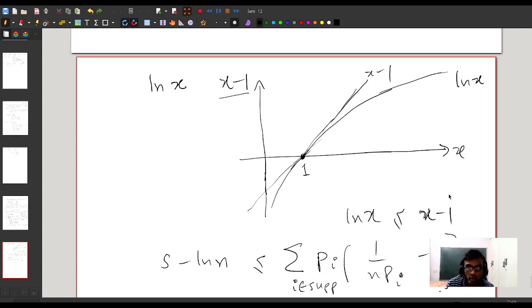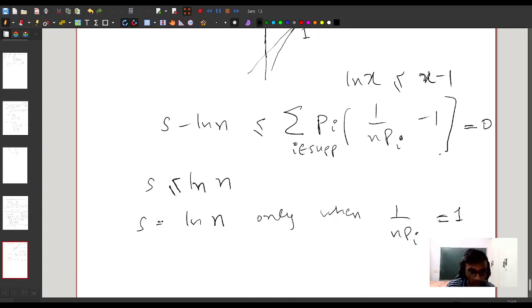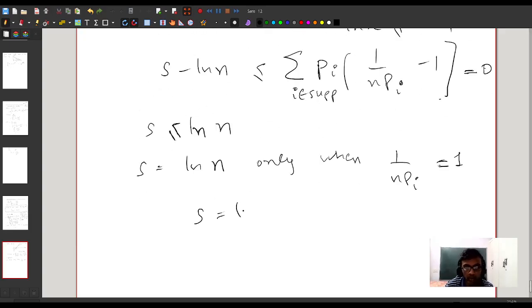So from this property, log x to the base e is equal to x minus 1 only at x equal to 1. So for this to be an equality, all these 1 by n pi's have to be 1, only when pi is 1 by n, if it's a uniform probability distribution.